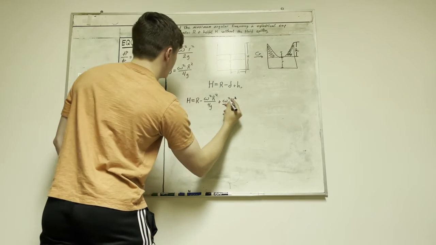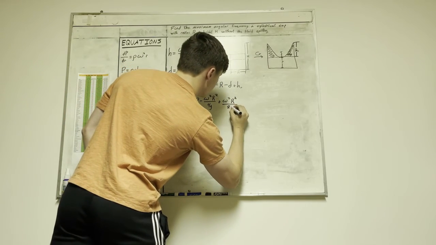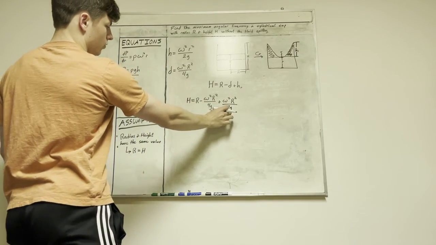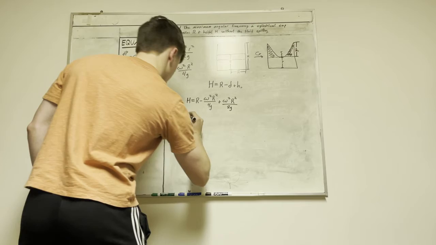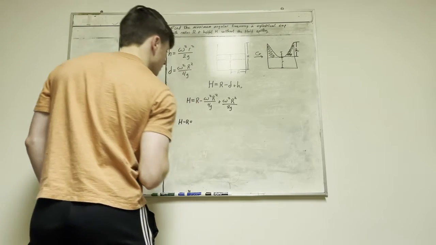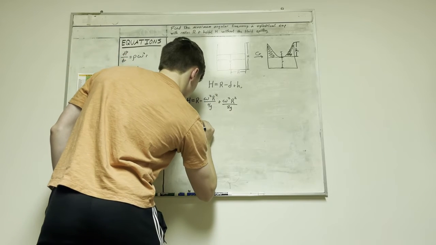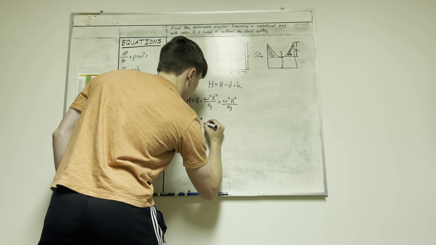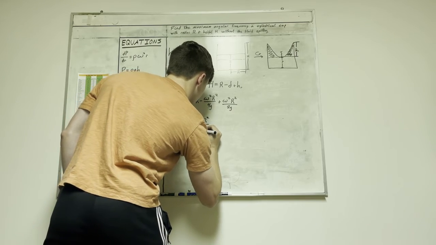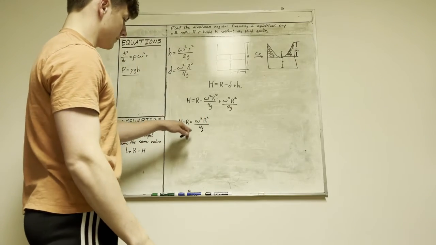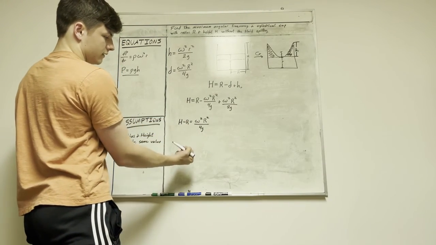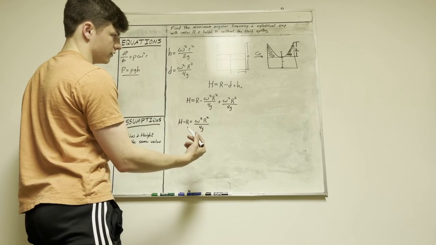This is R squared over 2g. So when combining these, and moving this over, we'll have h minus r is equal to omega squared R squared over 4g.